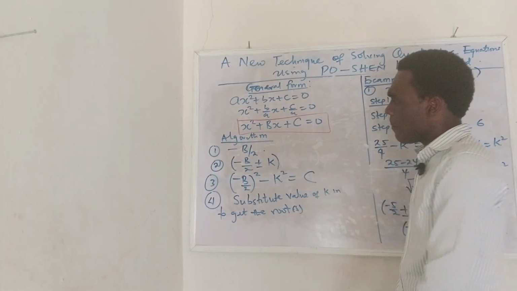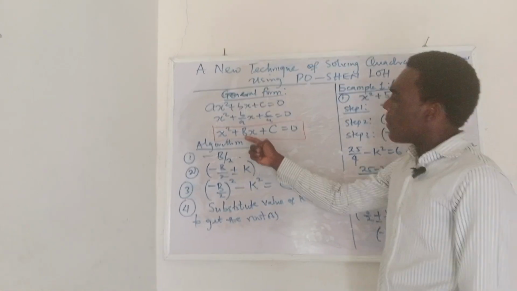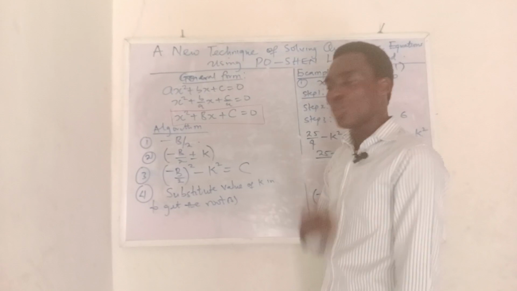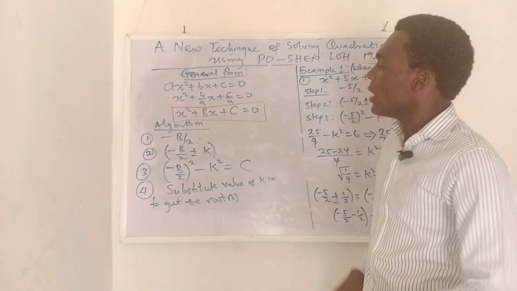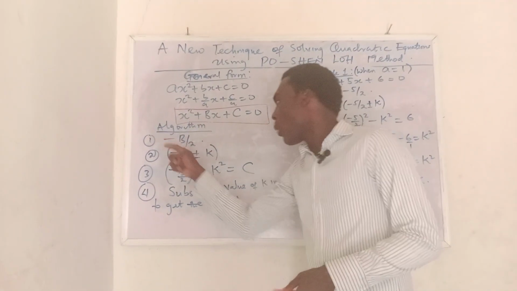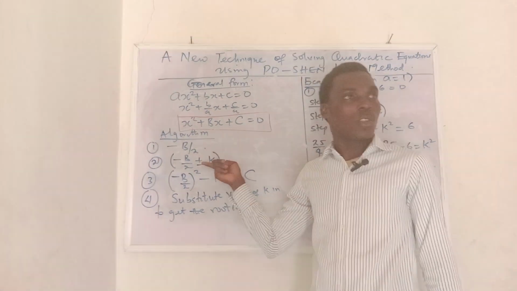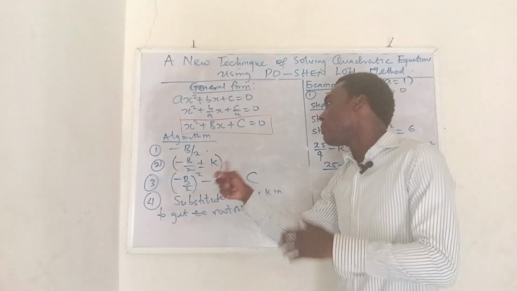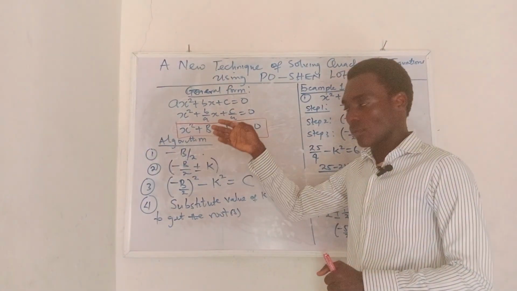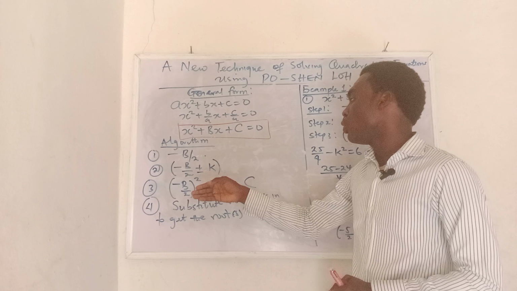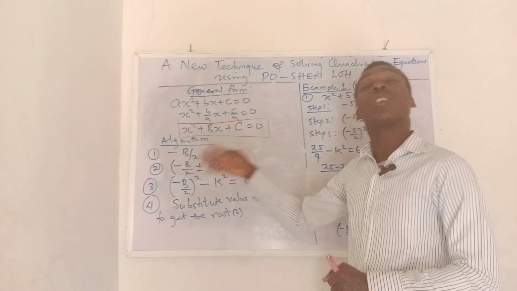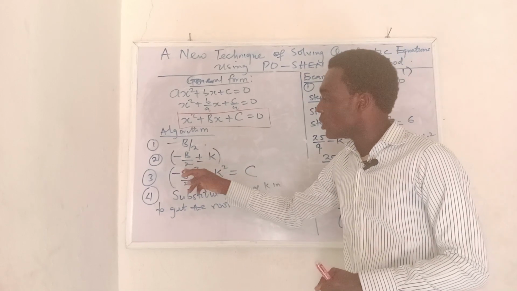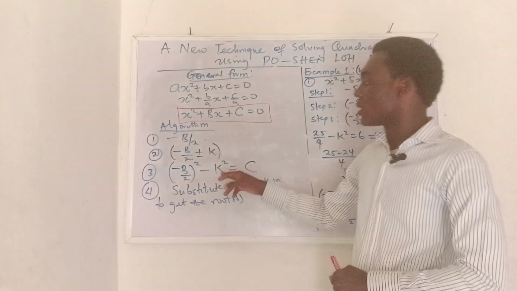From what we are seeing here, the first thing we have to do is divide our b by 2, that is minus b divided by 2. Then the second step is, to the result from step 1, you add plus or minus k. Then step 3, you apply the difference of two squares method and you get minus b over 2 all squared minus k squared.